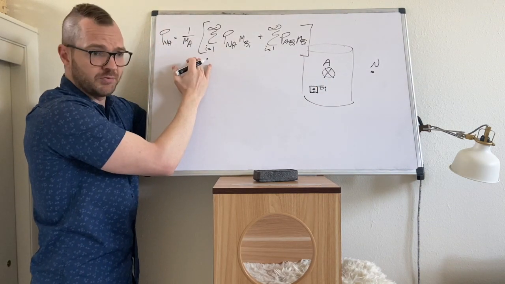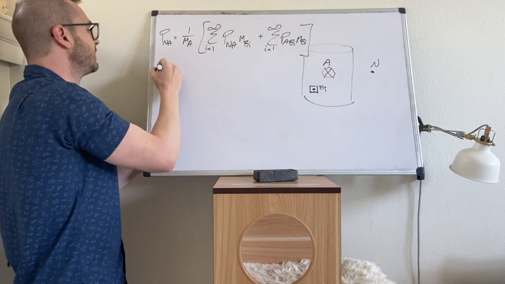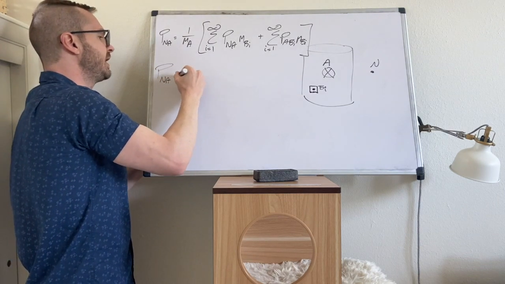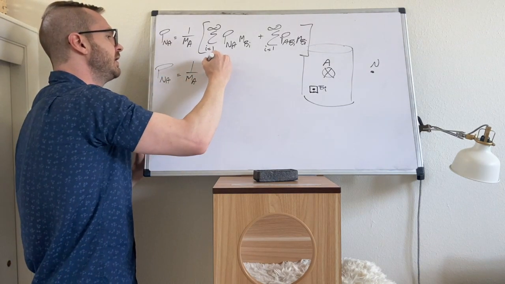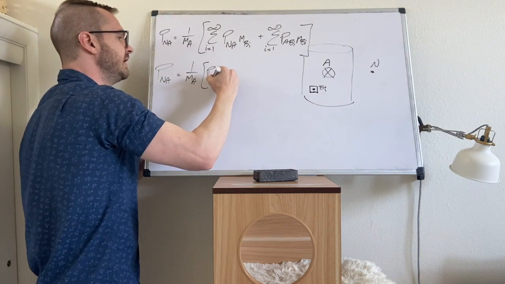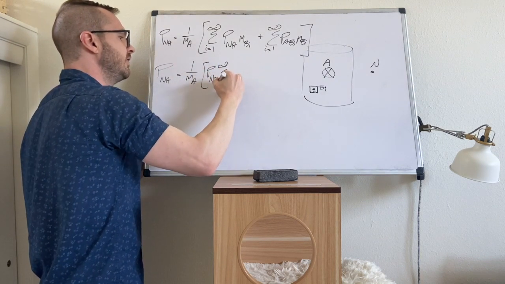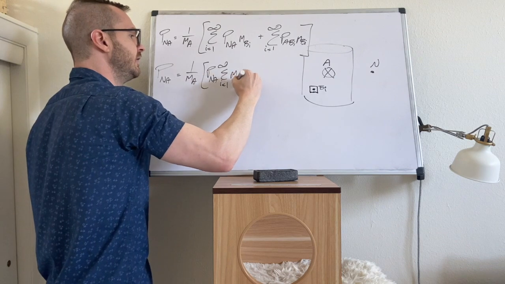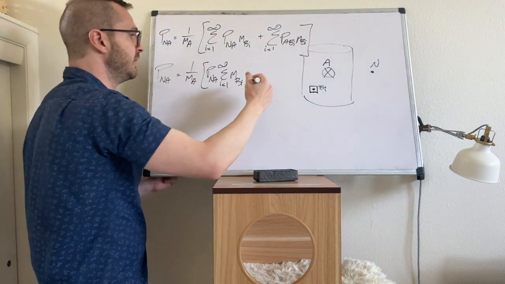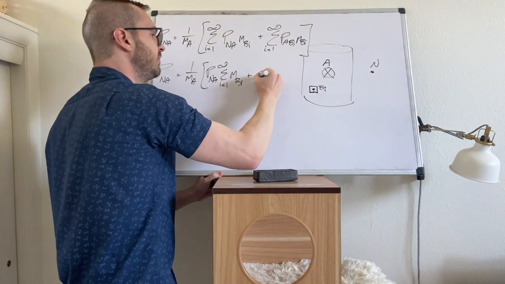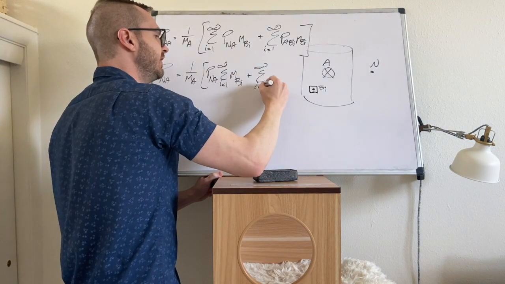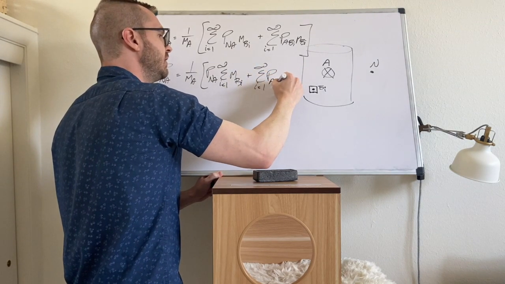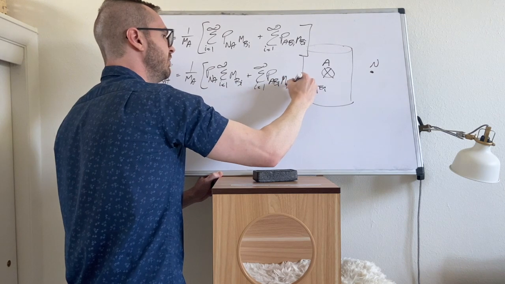That means I can pull it out of that infinite summation. So P in A, 1 over MA, and now this is P in A times the infinite summation of our little differential bit of mass, MBI, plus the infinite summation of P ABI MBI.